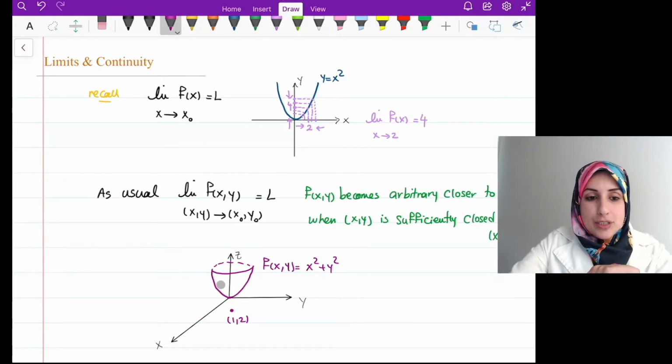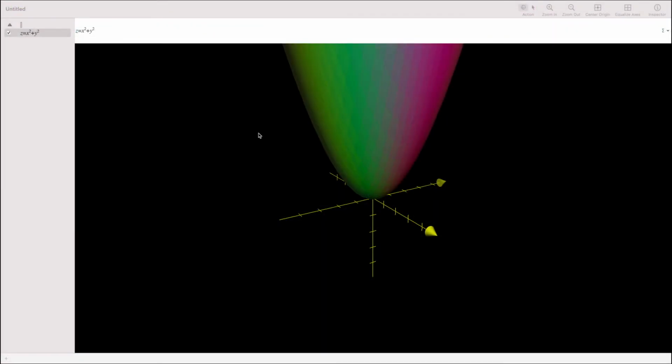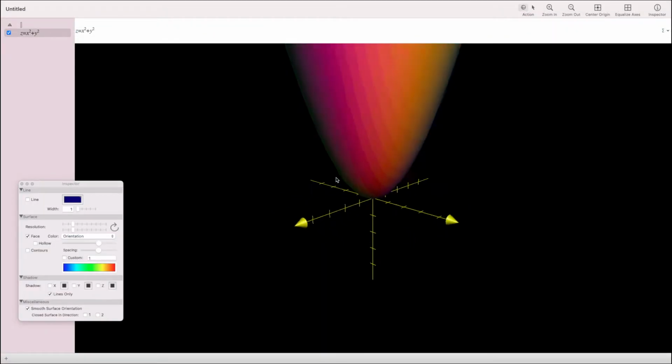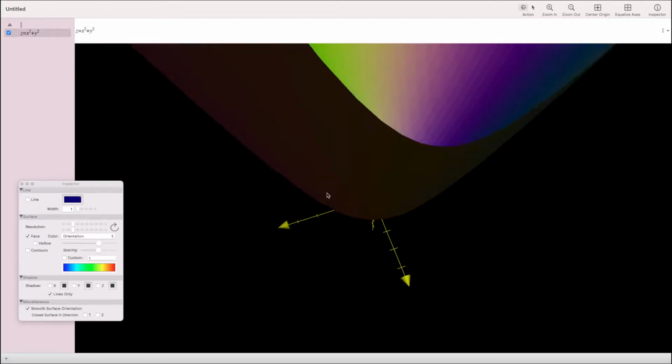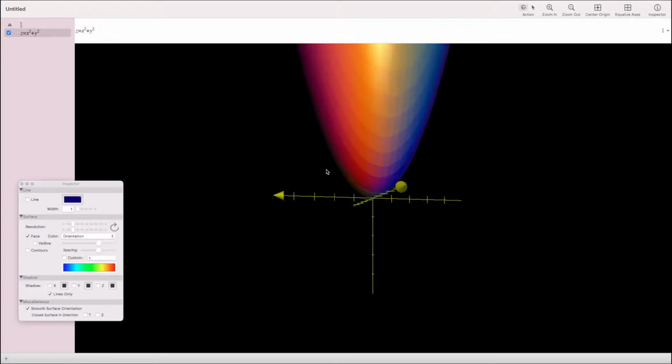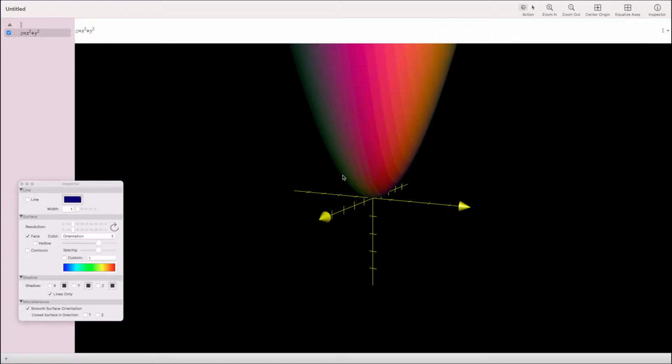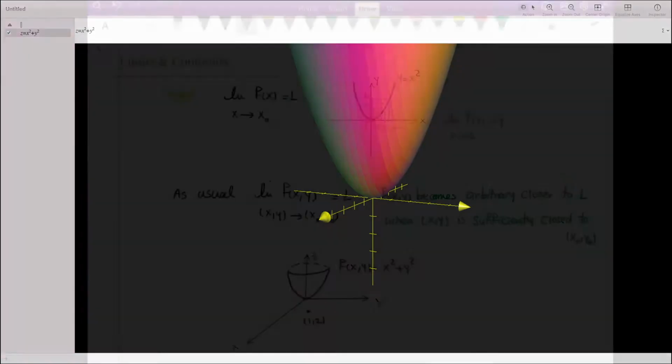Let me show it to you in the graph of the paraboloid. You see, that's the graph of the paraboloid in R3. If we pick one point here, for example the point 1, 2, and take the values of any point that is close to that, we see that the limit is like this.